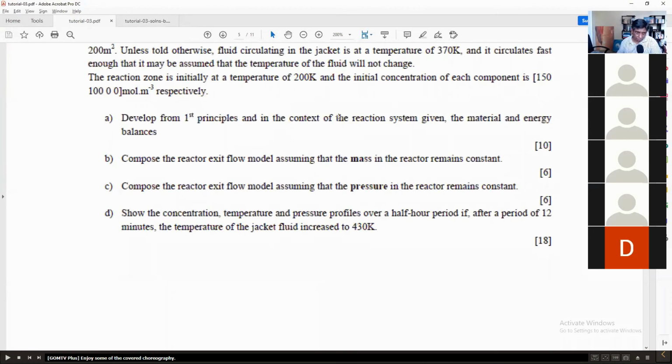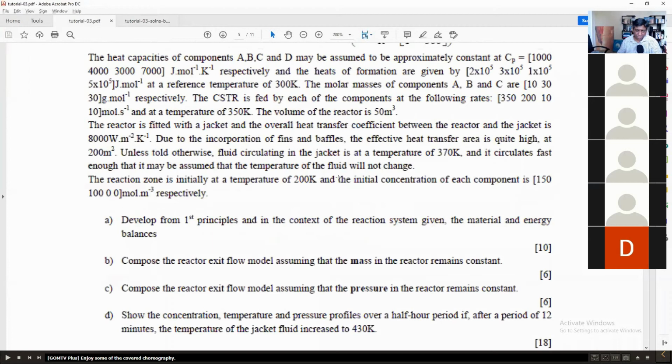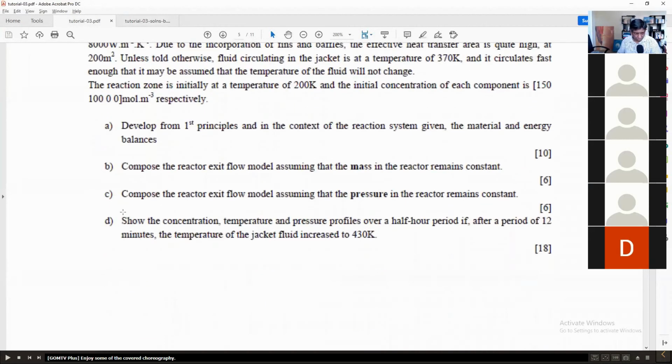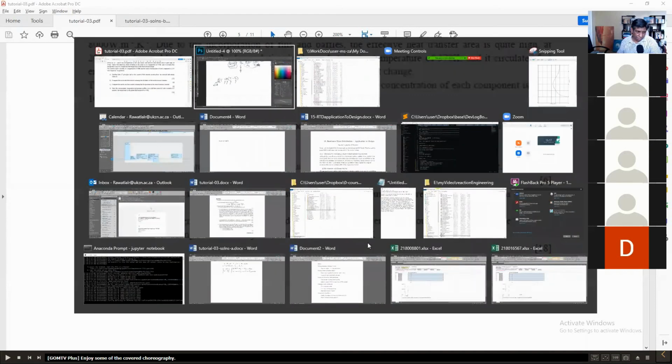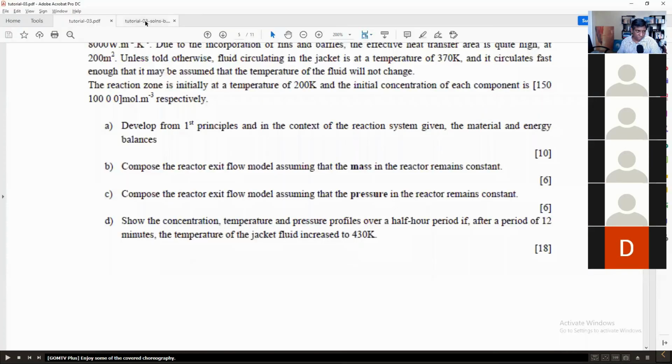But anyway, if you apply all these numbers, then it reaches a certain steady state. But in part D, it says, what if after 12 minutes of operation, you increase your jacket temperature to 430? So you change TA to 430. And so the result is here.